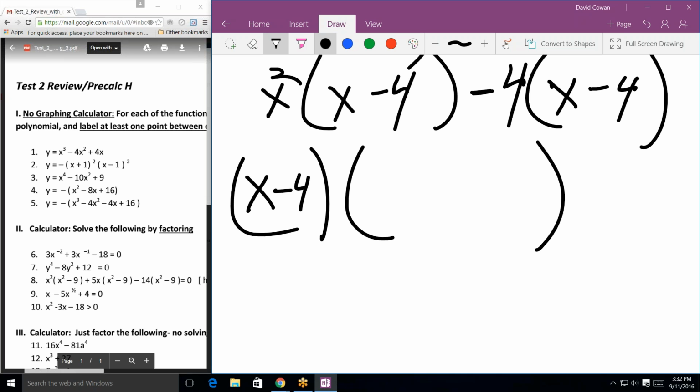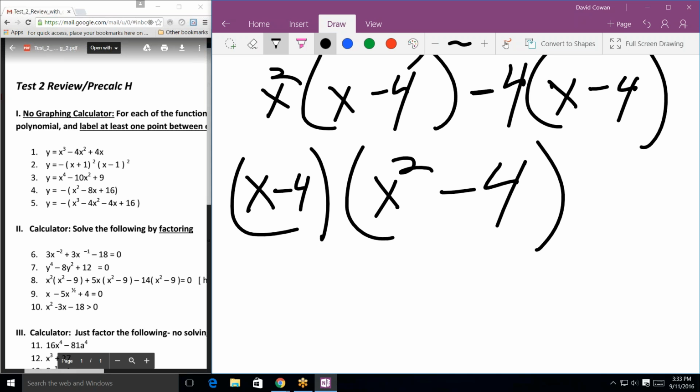So far in your entire math history, you've only factored out monomial terms. You've maybe factored out an x or an x squared or a 2x cubed, something like that. But you've probably never factored out a binomial term like x minus 4. Well, if I factor out x minus 4, what's left behind? x squared minus 4.